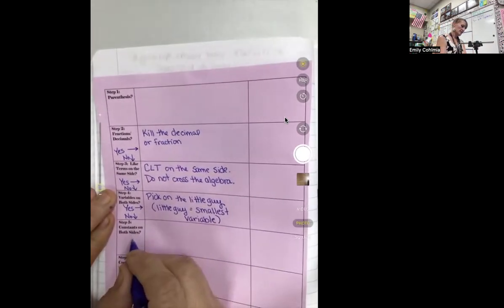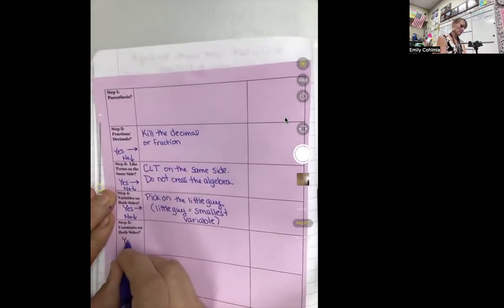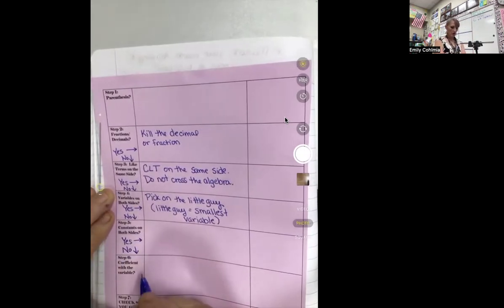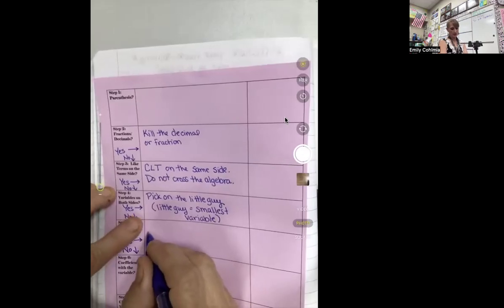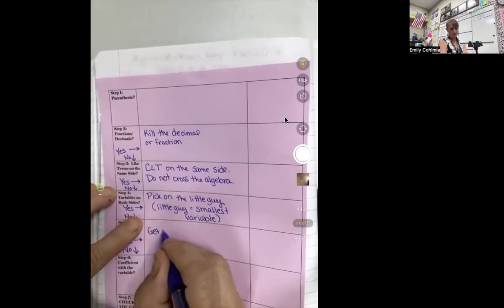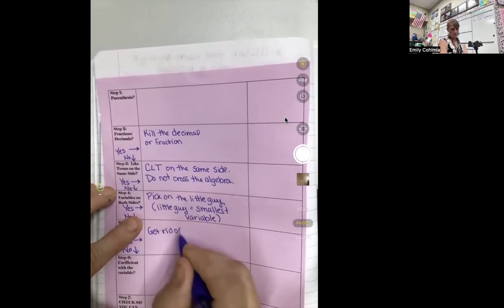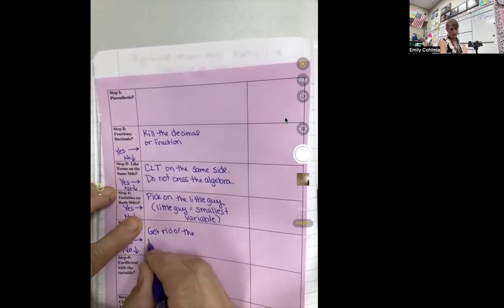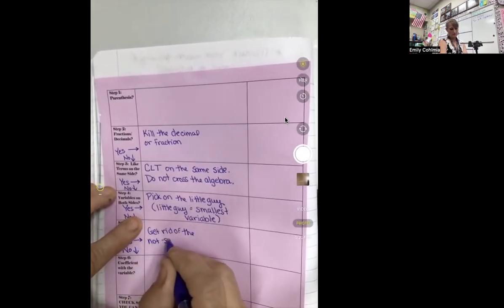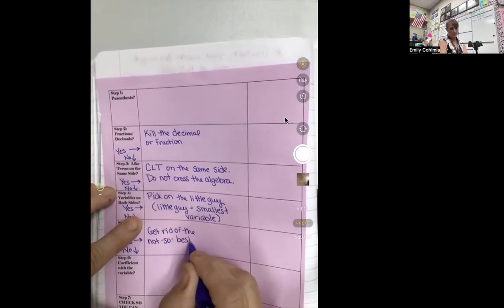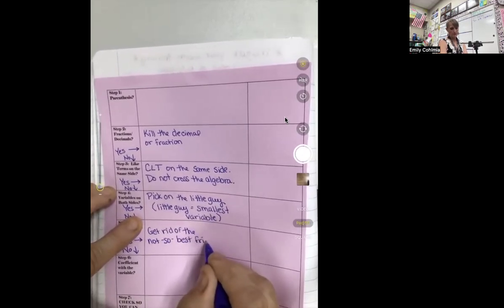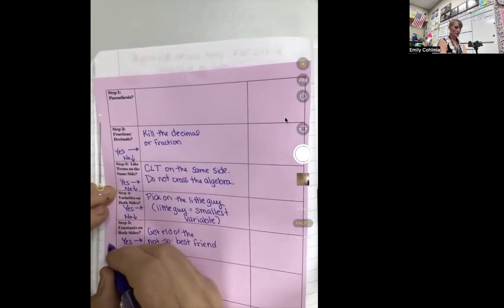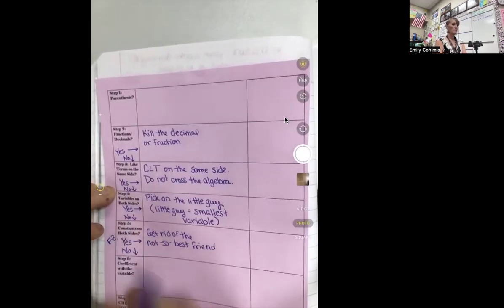So if there are constants on both sides, yes or no. If there are constants on both sides, then we are going to get rid of the not so best friend. So here is your friend zone.